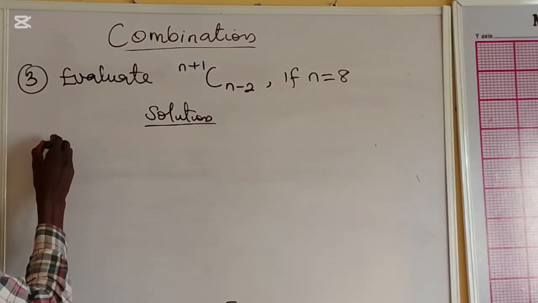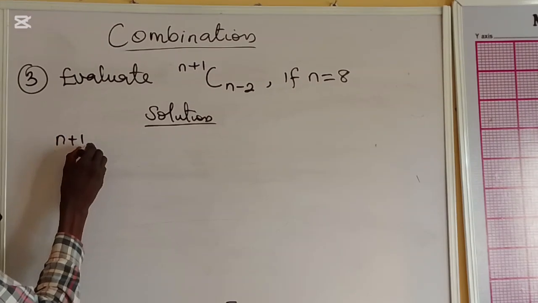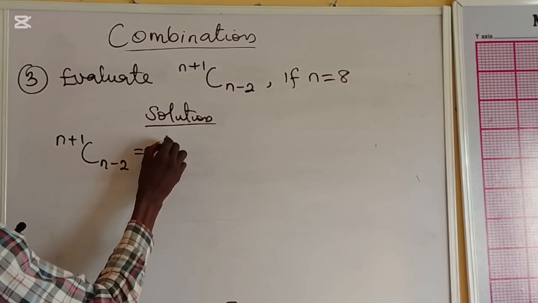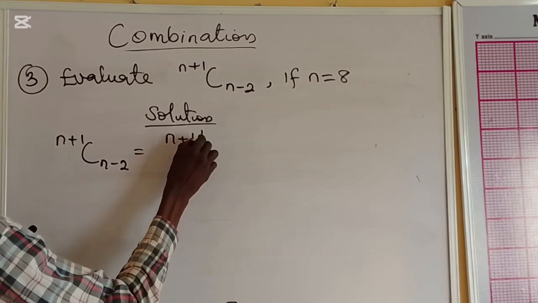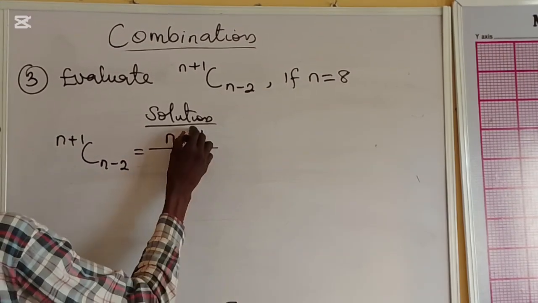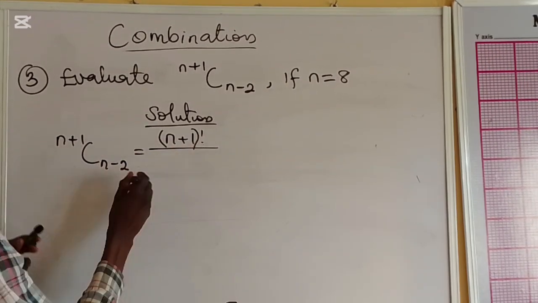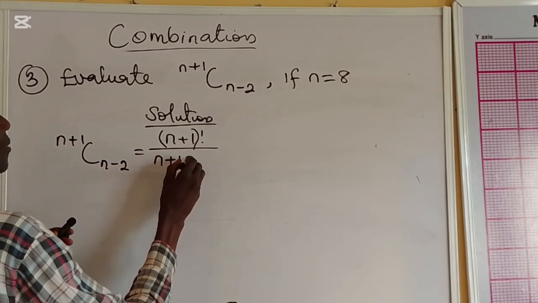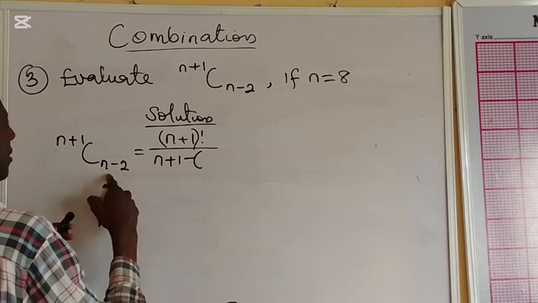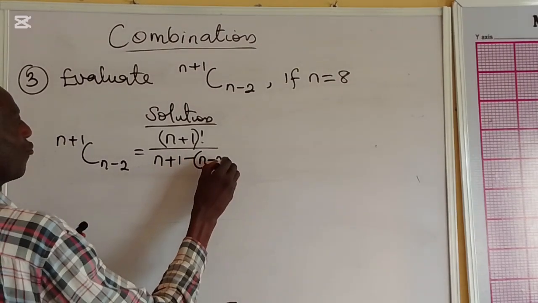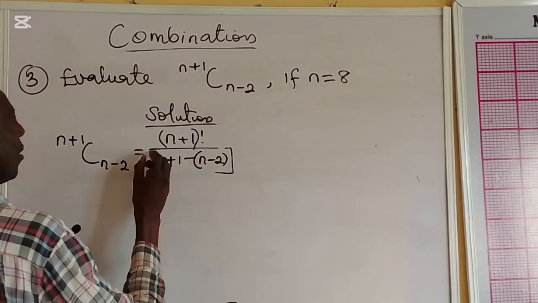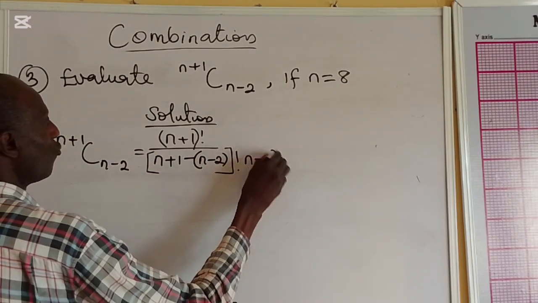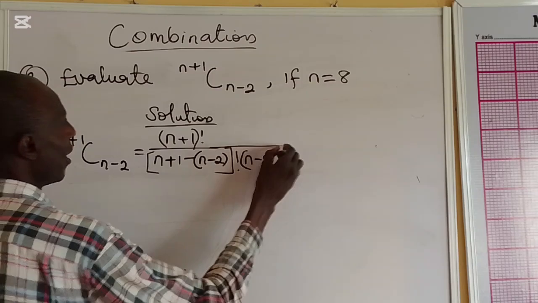So we said (n plus 1) combination (n minus 2) simply means (n plus 1) factorial all over (n plus 1) minus bracket (n minus 2) factorial, then (n minus 2) factorial.